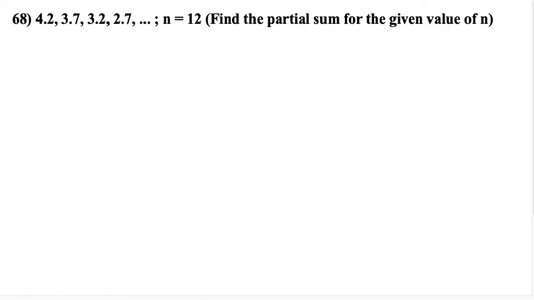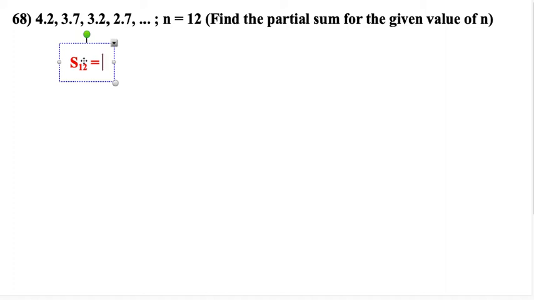And the last one we're going to talk about for this video is problem number 68. Find the partial sum for the given value of n, which means that we're being asked to find s sub 12. What does that mean? We need to figure out the common difference, and we need the number of terms.